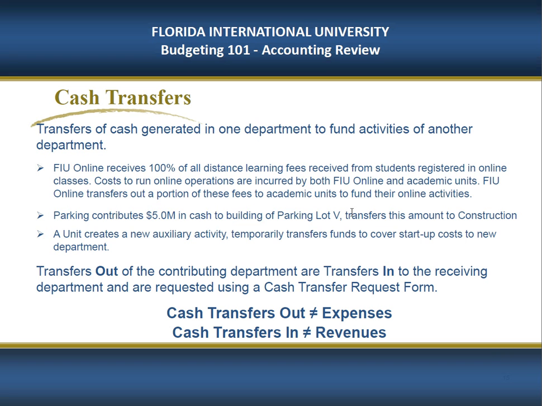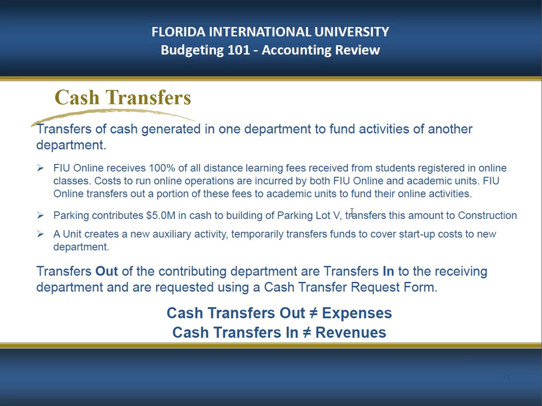So they're able to have another activity give a short-term startup loan to the new department, and once the new department can, they will pay back the loan. It's like a short-term loan. Those are done as cash transfers out from one department, and then eventually cash transfers back in once the new department has generated enough income.